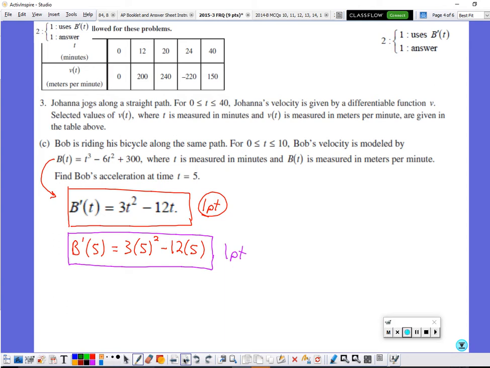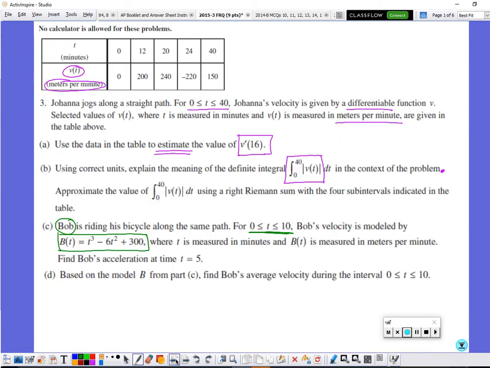Next one. Based on the model from part C, find Bob's average velocity for this time period.